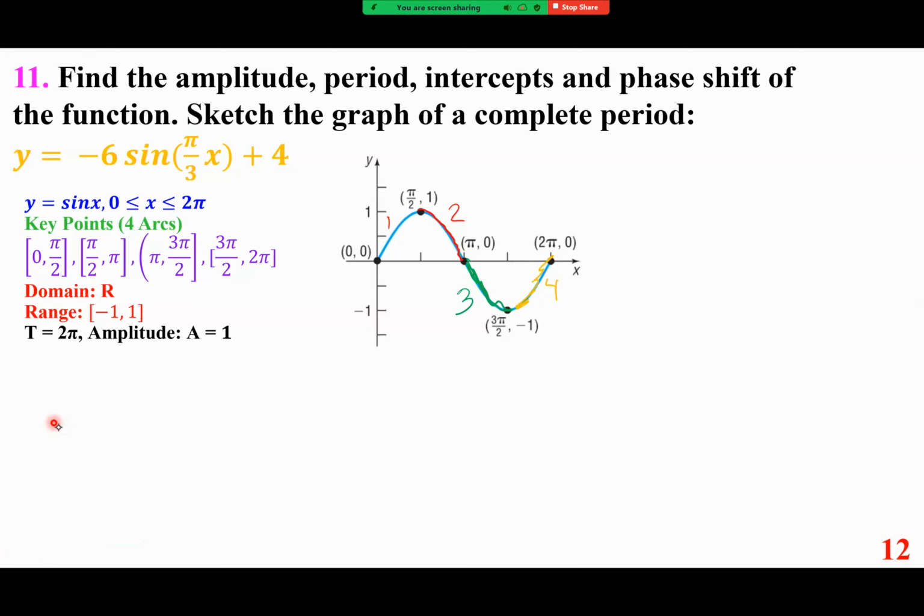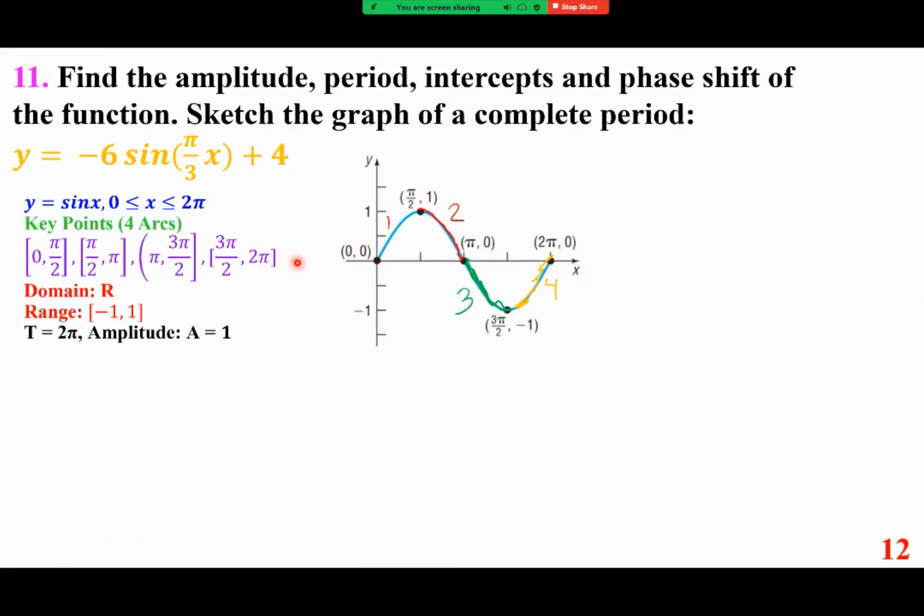The period is 2 pi, so you cut the 2 pi into 4 pieces: 0 to pi over 2, pi over 2 to pi, pi to 3 pi over 2, 3 pi over 2 to 2 pi. This is the easiest way to graph this.